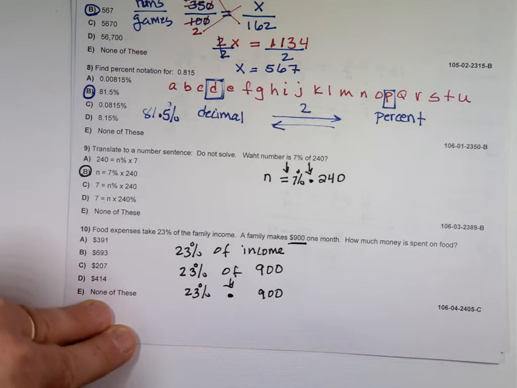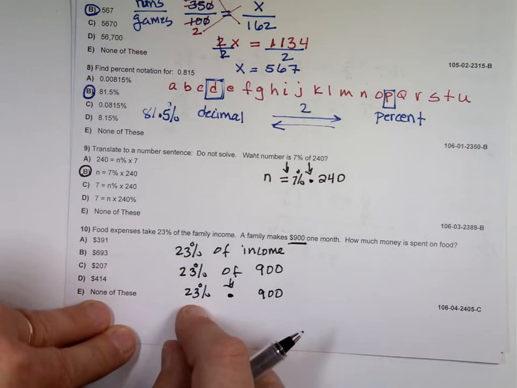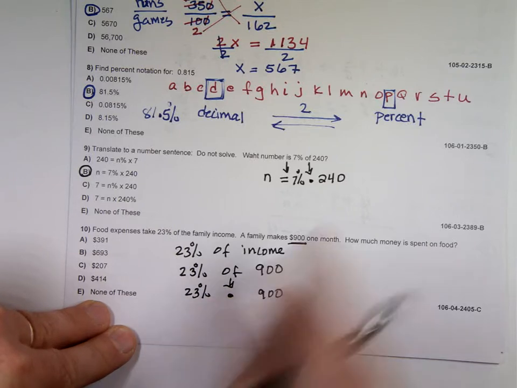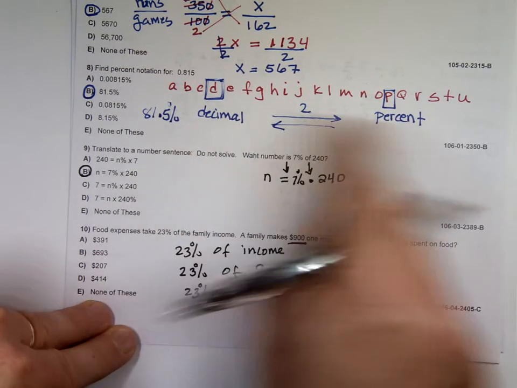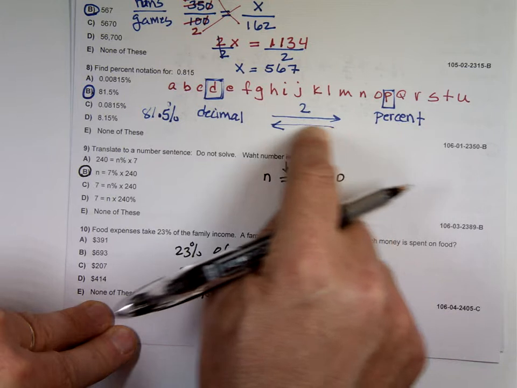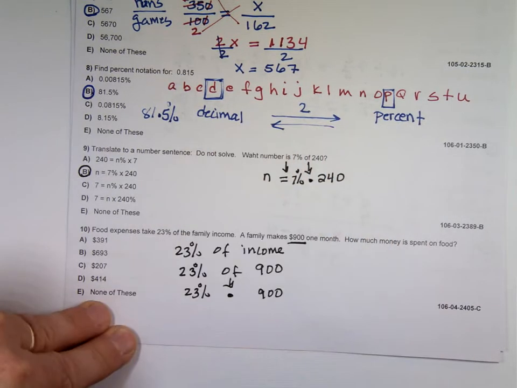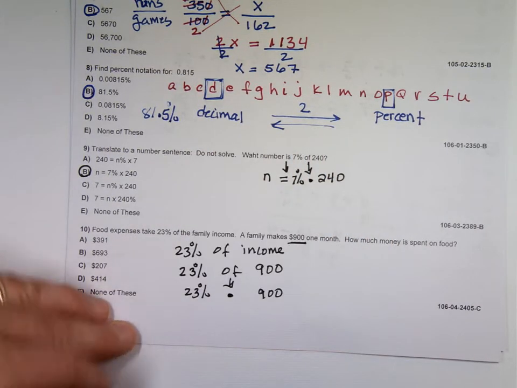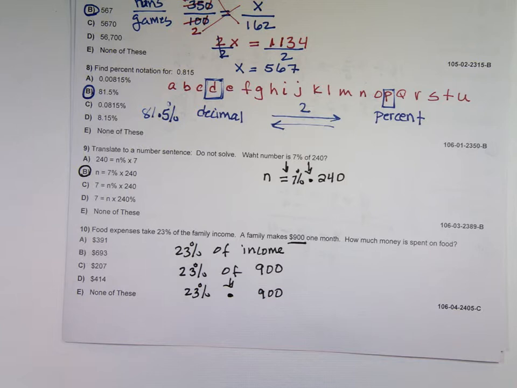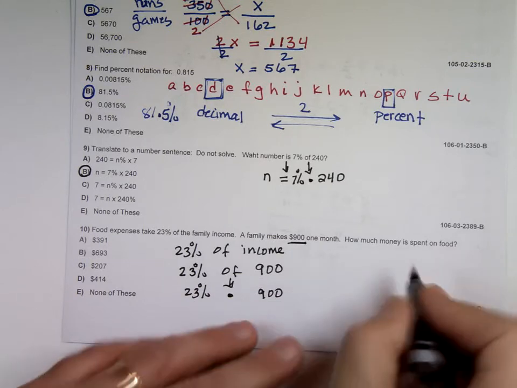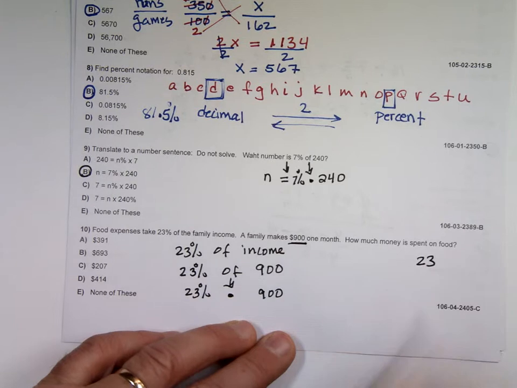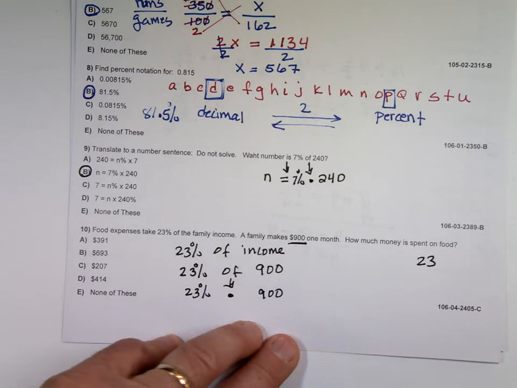Now again, that number is a percent. If you want to multiply it, you have to change it to a decimal. From percent to decimal, you move the decimal point how many places? 2. Now right now the decimal point is where? There's no decimal point. So what do you think the decimal point is, if there's none? If I have a number with no decimal point like this, 23, where's my decimal point? Always at the end.